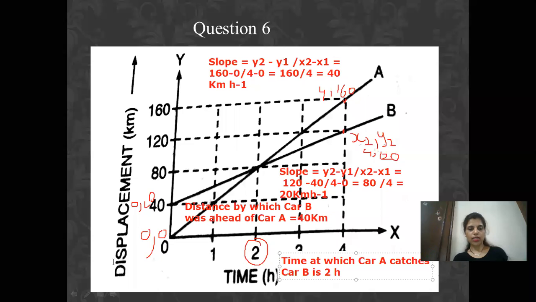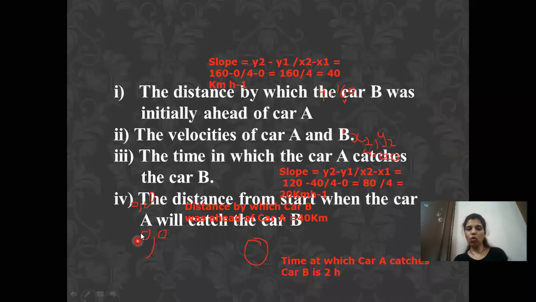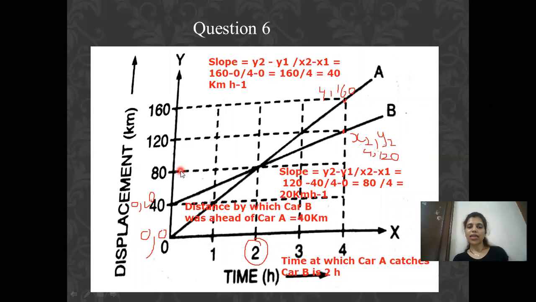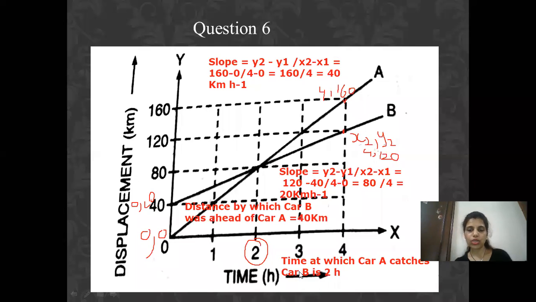Let's see what is the another question. So you have to attempt for all the question. The distance from start when the car A will catch car B. Now car A will catch car B at what distance? So you can see over here, distance you will get it from the y-axis. At what distance car A and B are at the same position?